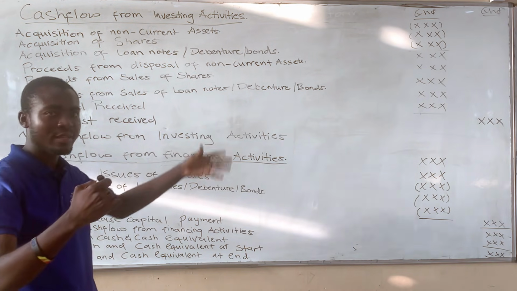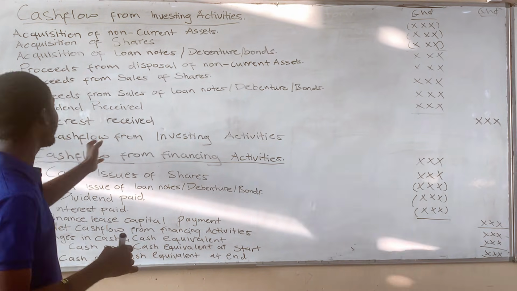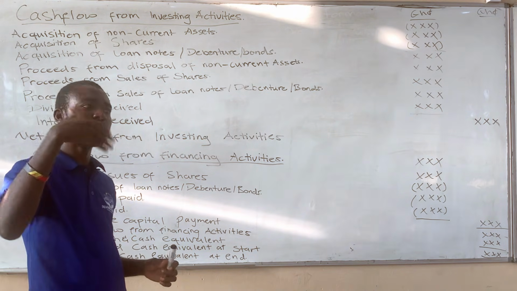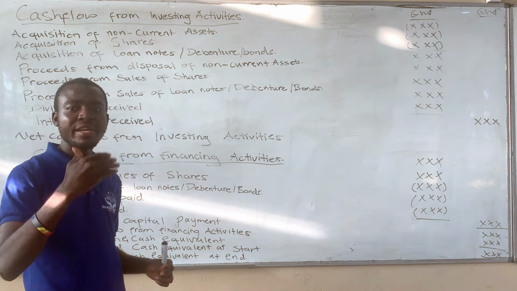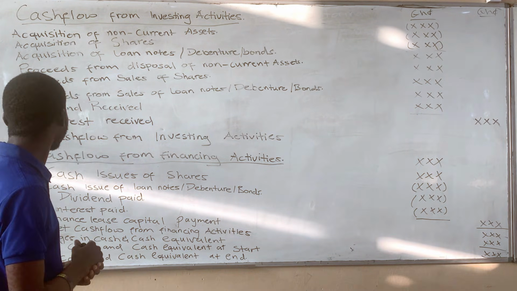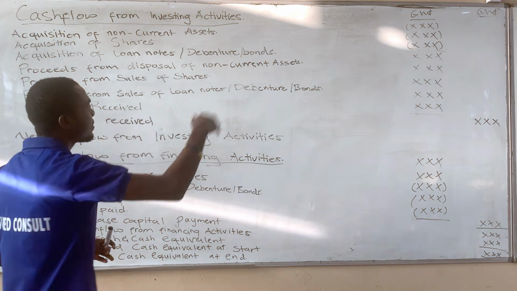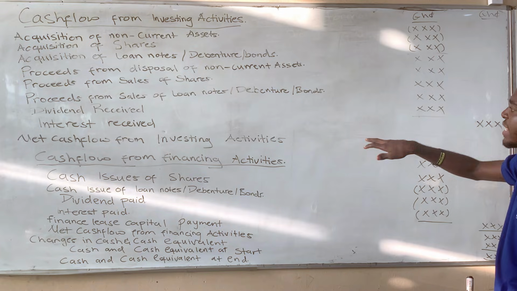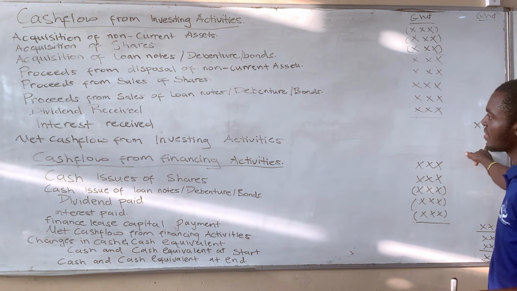That is coming in, so you add it. And then interest receipts. In case the organization lends money to someone and the person pays any interest on it, you add that one. After that, you sum them up to get your net cash flow from investing activities.